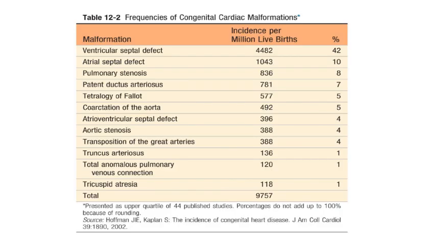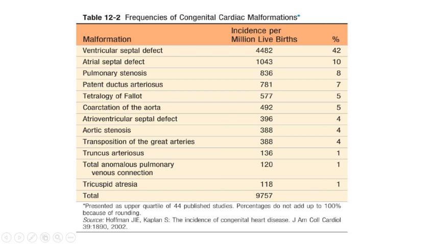These are different congenital heart defects. Most common is ventricular septal defect, which is a cause of left to right shunt. Out of 100% congenital heart defects, 42% is occupied by the ventricular septal defect.